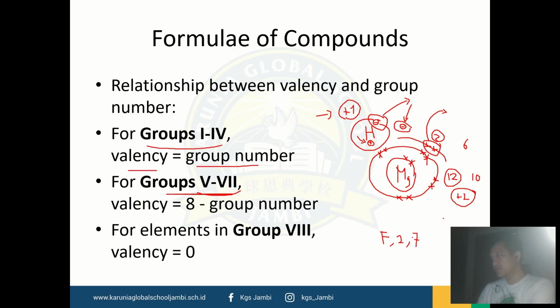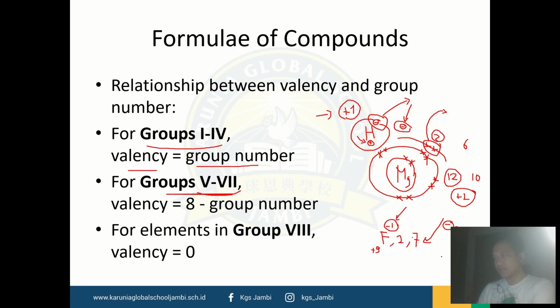So it is easier for them to attract 1 electron. If it attracts 1 electron, the proton is still 9, it still has 9 protons, but it has an extra 1 electron. That means the charge becomes negative 1 when it attracts. So this is the valency. The valency is negative 1. For a while, let's forget the negative sign.